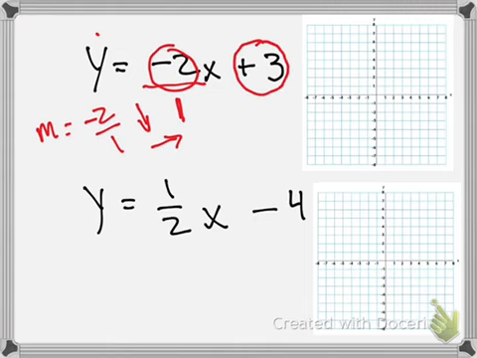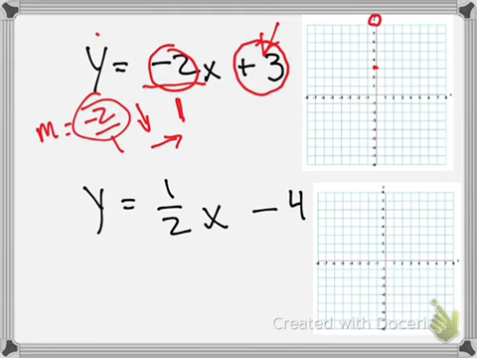This is your y-axis right here, and this number tells you where you're going to start on it. So I'm going to start right there. And then I'm going to go down 2, to the right 1. Oh my gosh, this is really hard. I should have changed colors.